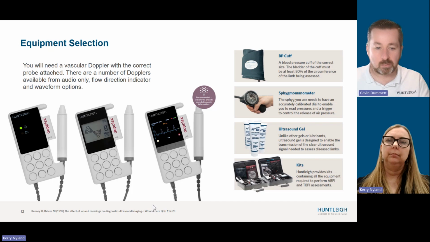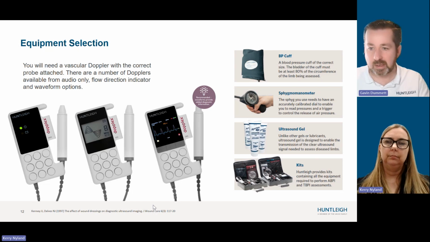As you can see with our kits, you always get the waveform Doppler, and that's what we always recommend, because it gives you the added reassurance of the visual confirmation, which has been proven in studies to be very crucial.